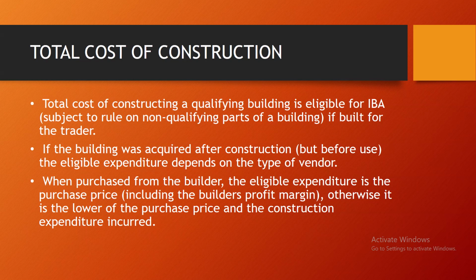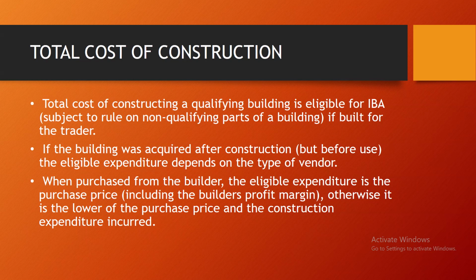Non-qualifying parts are basically those parts of the building which are taken to be commercial building, because if a building is not industrial, then it should be commercial building. We're going to look at that. And if the building was acquired after construction but before use, the eligible expenditure depends on the type of the vendor.